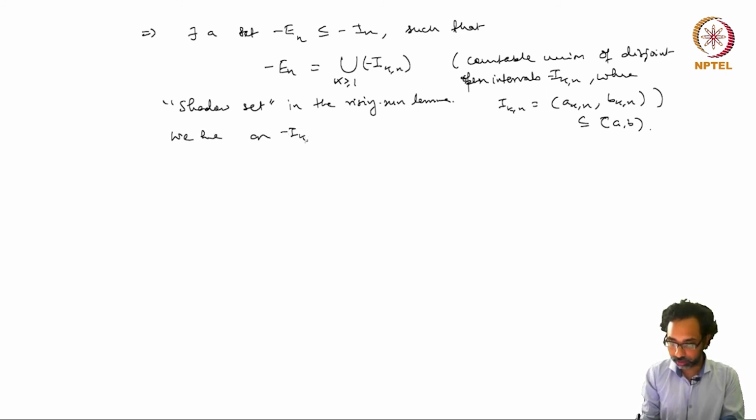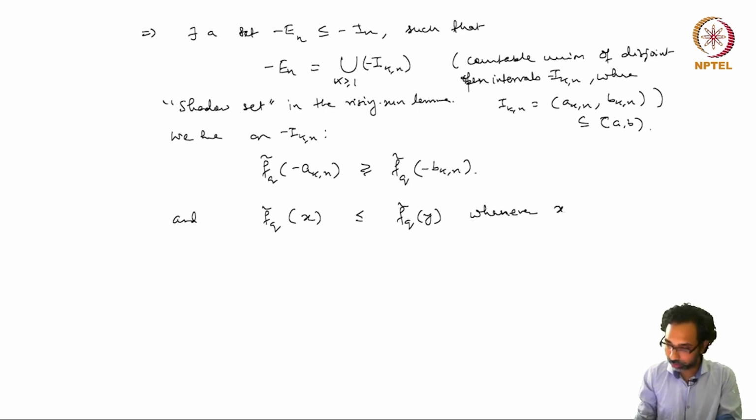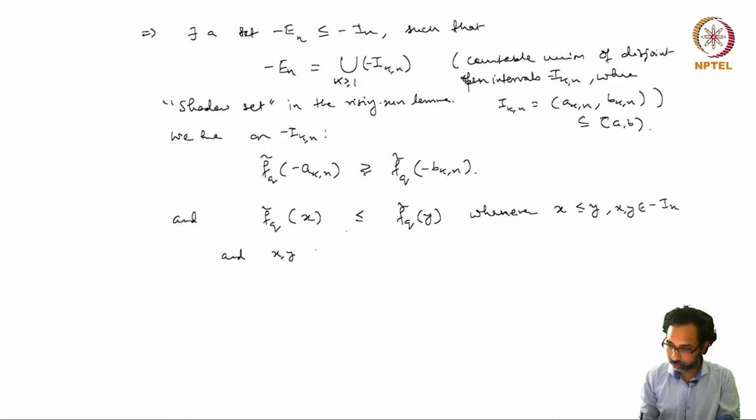Whenever you have these Ikn's, we have on Ik minus Ikn, f tilde q of minus akn is greater than or equal to f tilde q of minus bkn, and f tilde q of x is less than or equal to f tilde q of y whenever x is less than or equal to y, and they both belong to minus In, so x and y in minus In and x does not belong to minus En.